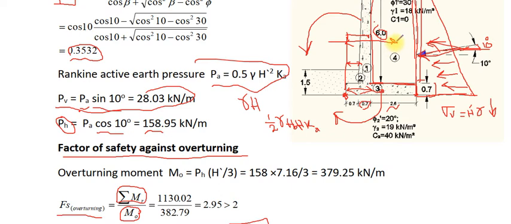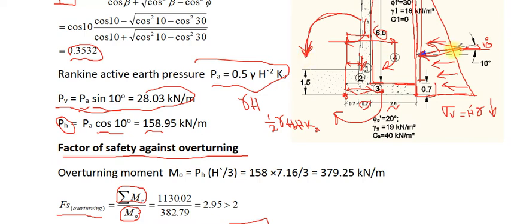And with respect to the clay, the soil above the base, also in this direction. The weight here also in this direction. The weight of the triangular section also in this direction. All of these moments are resistance moments, while this moment is M0, which causes the overturning.